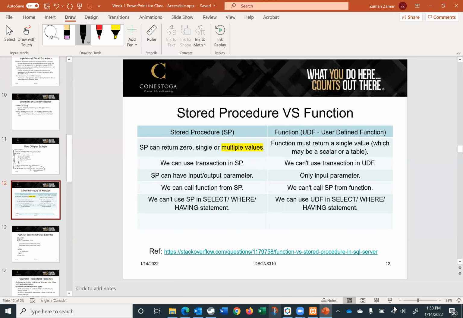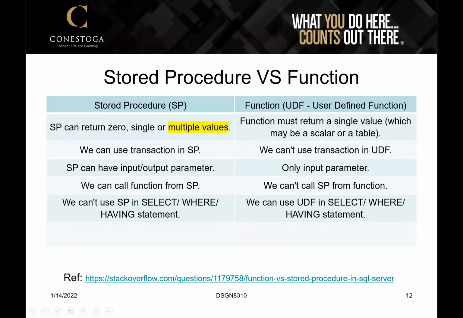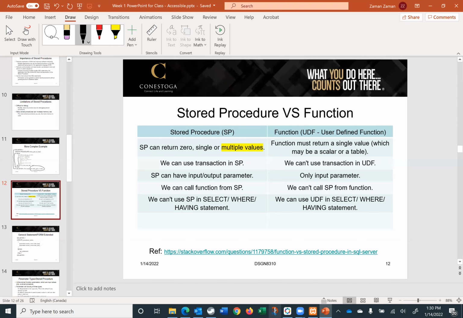And you can see here the difference between stored procedures and functions. Stored procedures can return 0, single or multiple values, but a function must return a single value. So this is the main difference.